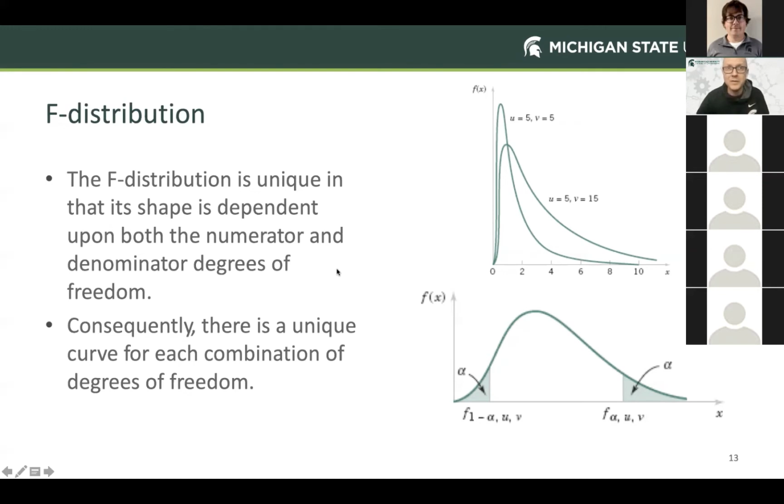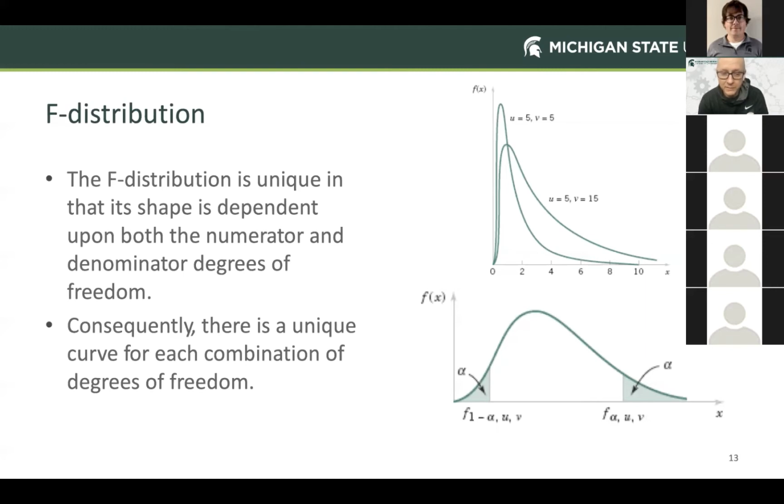Consequently, this makes it a little more challenging to determine what a critical value is to refer to, because we can't condense it all into just one nice simple table. We'd actually have a different table in this case. The way it's typically done is we would establish a table that corresponds to a specific significance level alpha.